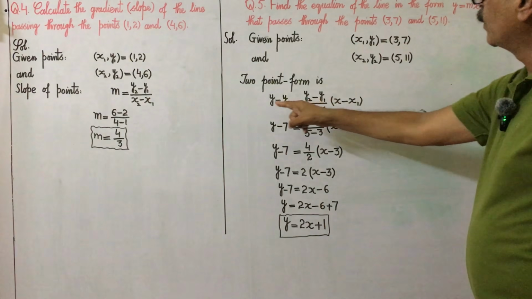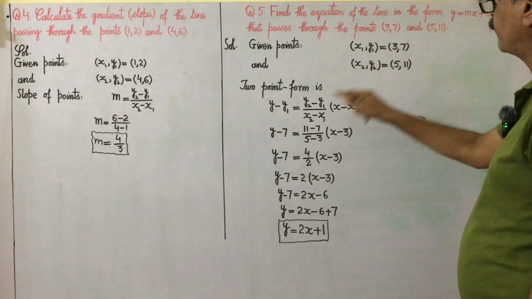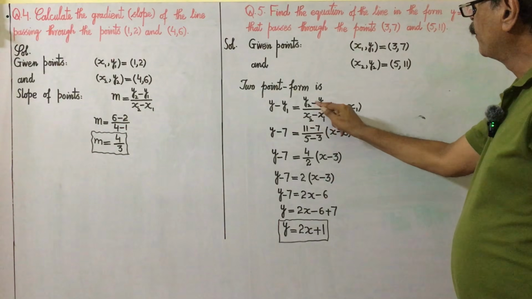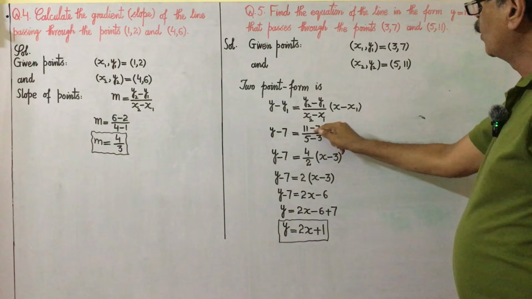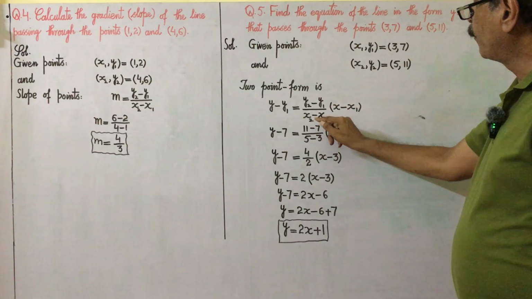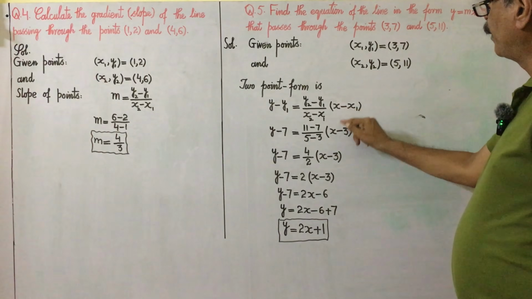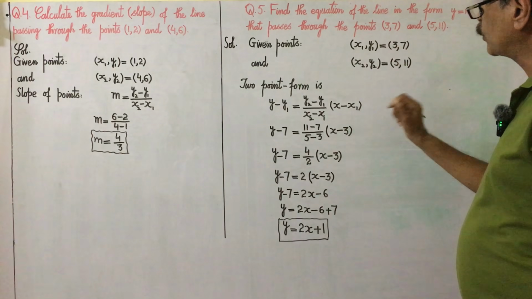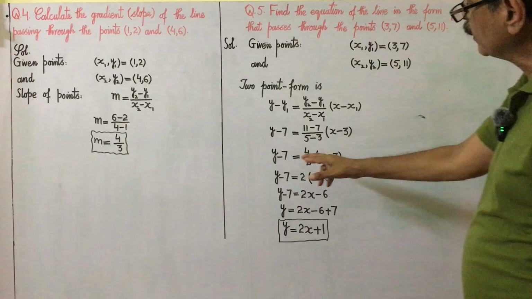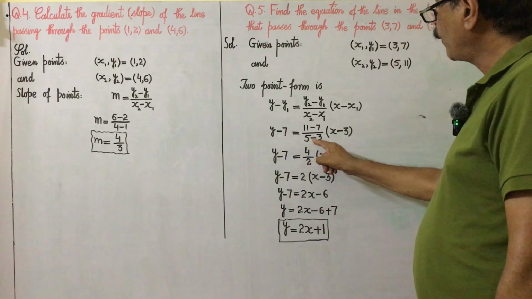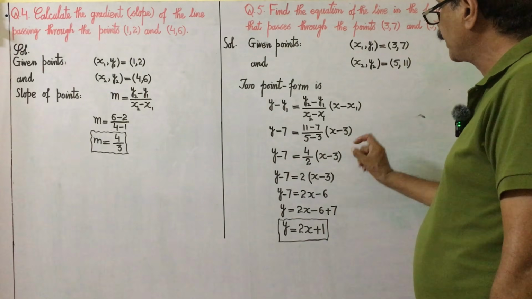Putting the values, y minus 7 is equal to (11 minus 7) over (5 minus 3) into (x minus 3). Simplifying, y minus 7 is equal to 4 over 2 into (x minus 3).